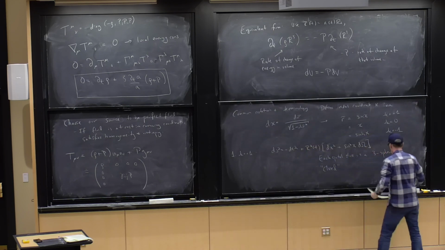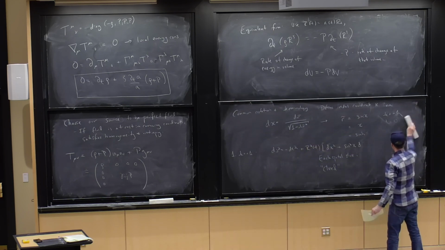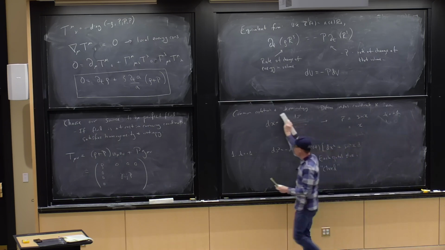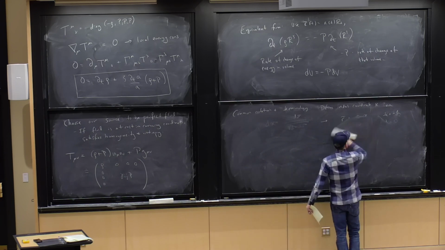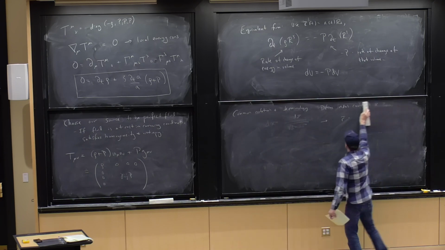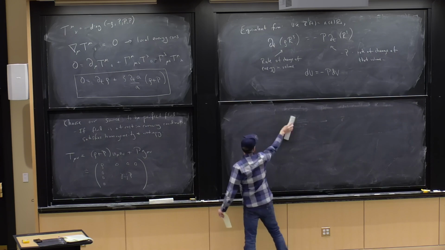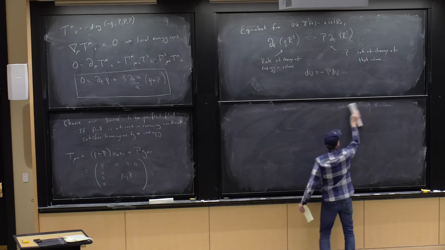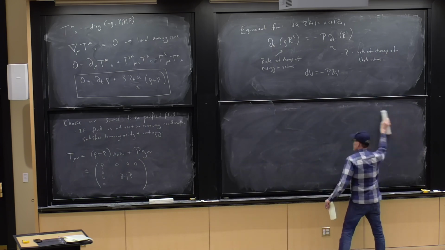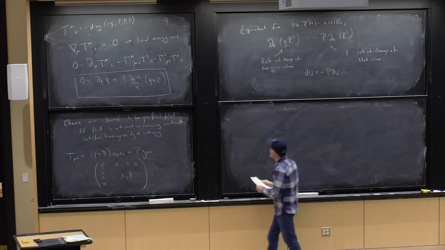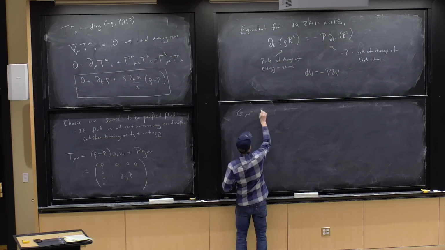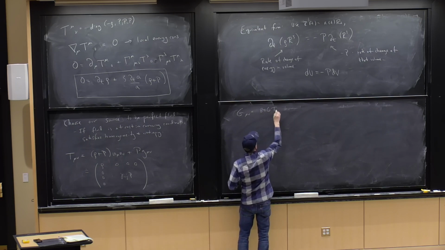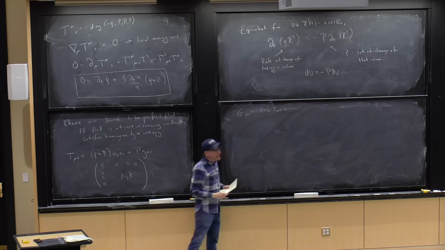Let's now solve the Einstein field equations. So we'll begin with G mu nu equals 8 pi G T mu nu.